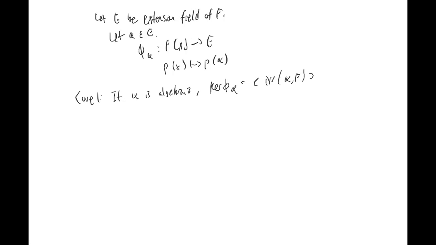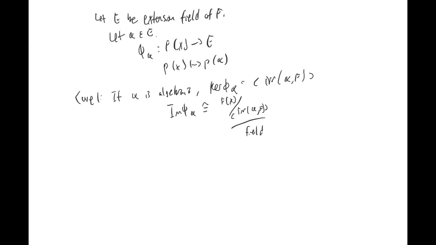So you see that the image of phi, by the first isomorphism theorem, or if you like the fundamental homomorphism theorem, is isomorphic to F[x] quotient the kernel, right? Which is a field, because this is irreducible.